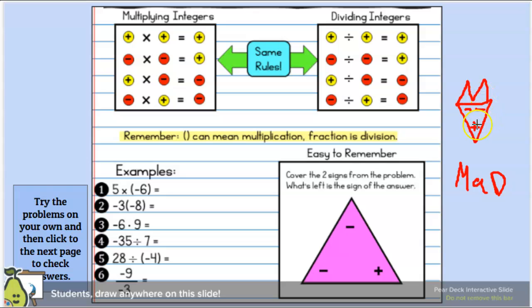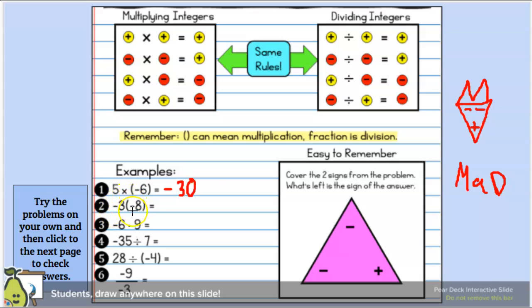If you do that, the only thing that's left over is this negative here. So you know your answer has to be negative. And then you would just do it like normal. 5 times 6 is 30, so it's just a negative 30.